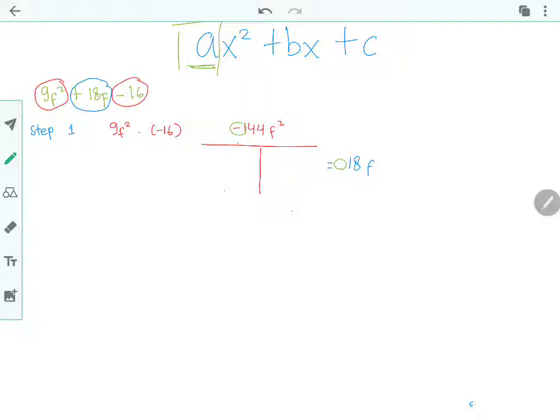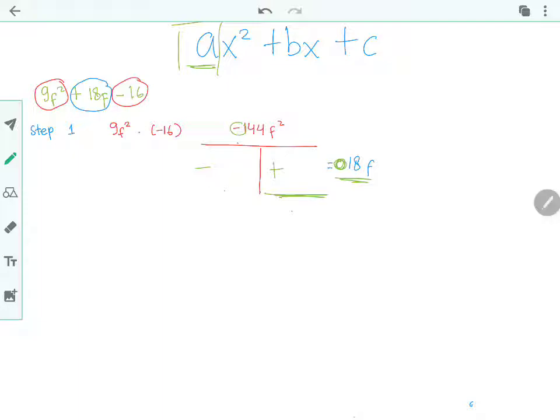It means one of them must be negative and one must be positive, and because the sum is positive, the positive number will be bigger than the negative number.